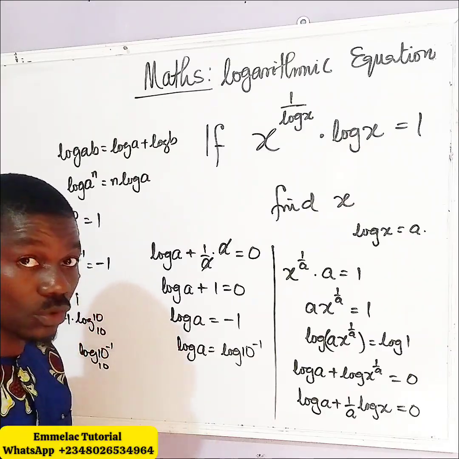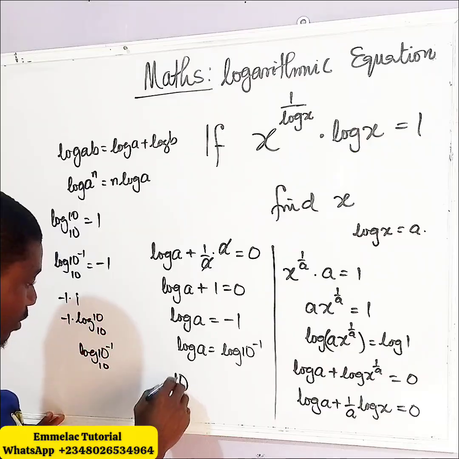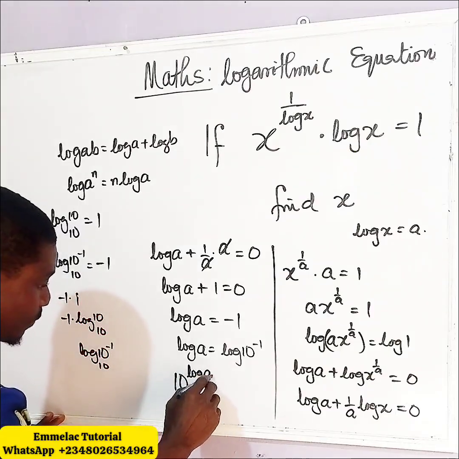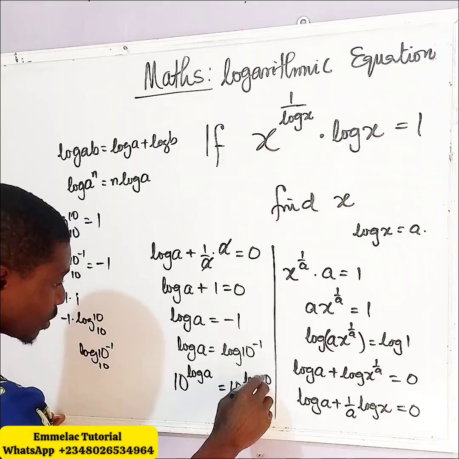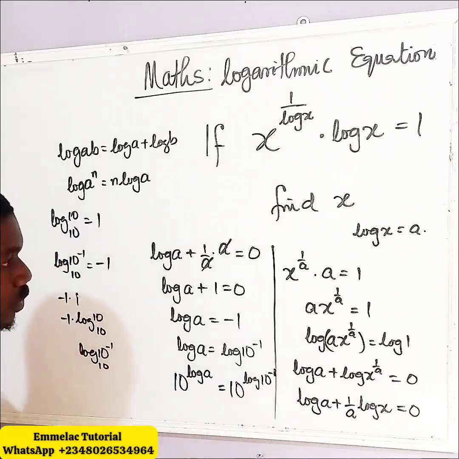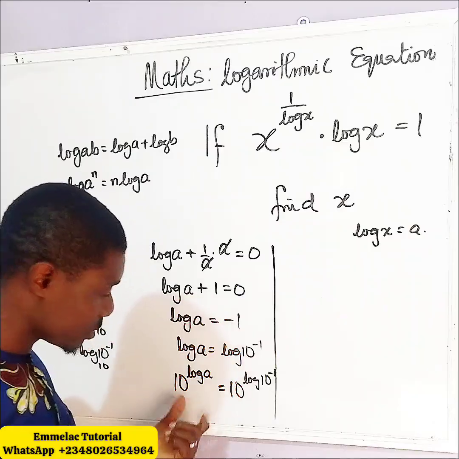To undo any log, we raise it to base 10. So here you have 10 raised to the power of log a equals 10 raised to the power of log 10 to the power minus 1. Alright, so let me clean this. You might be wondering why I did this.